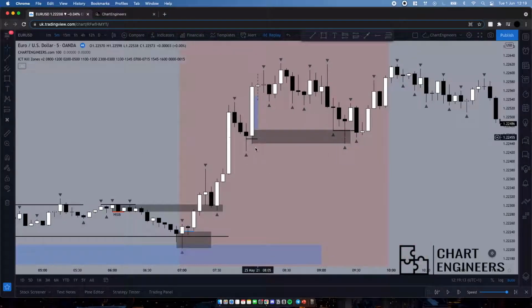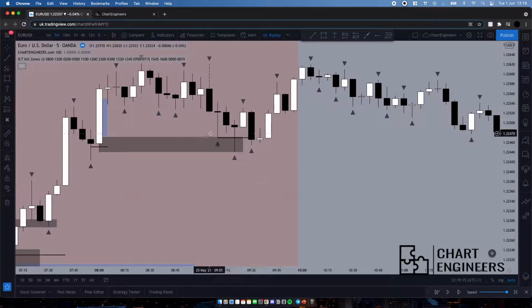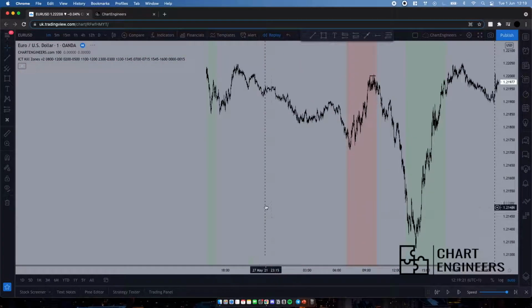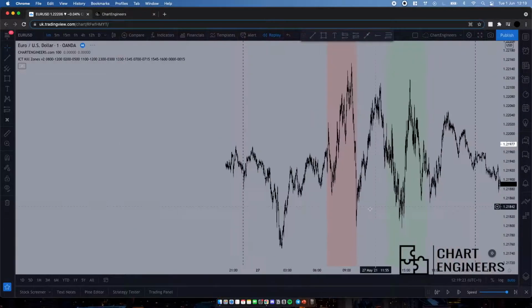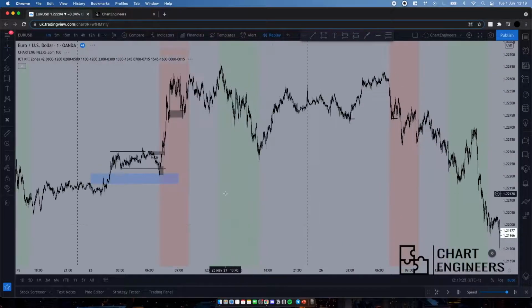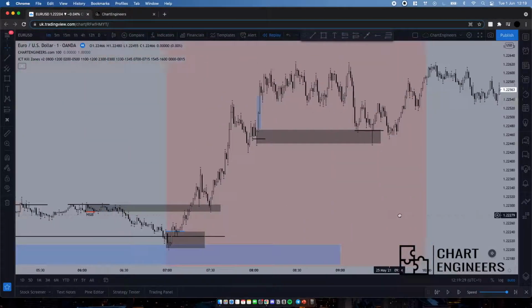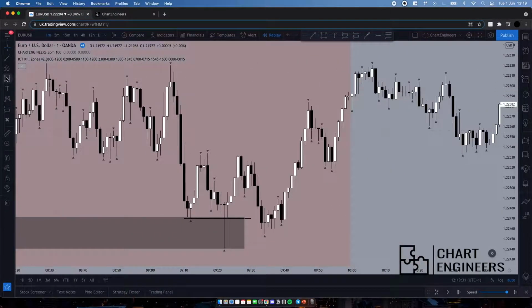So here's the M1 setup, but inside the M1 setup we had an M5 raid. So M5 raid, I'll go back to the M1 to mark out my breaker zone or raid candle. And here's your raid candle and your market structure break.